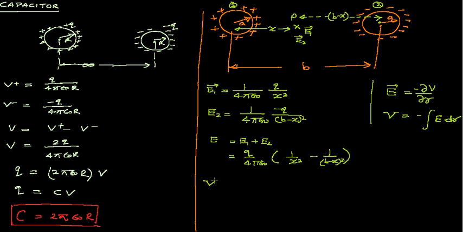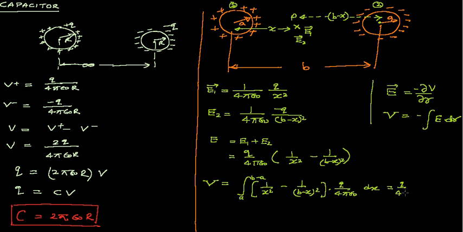The potential between these two spheres will be equal to the integration from a to b minus a of this whole bunch of things, 1 by x square minus 1 by b minus x square, into Q by 4 pi epsilon naught into dx. Okay, then you calculate this.